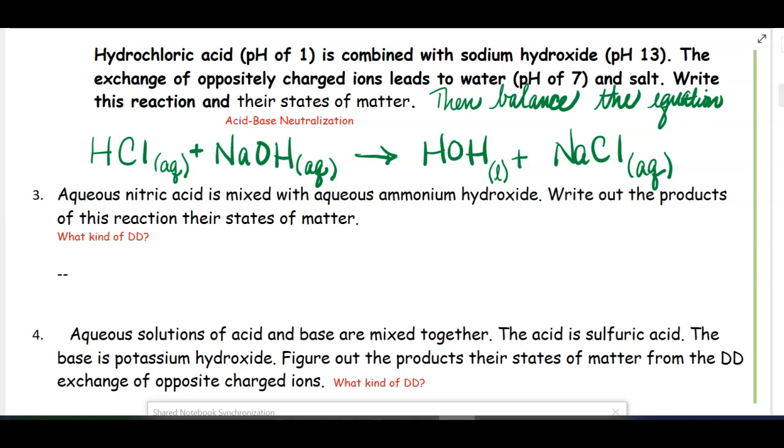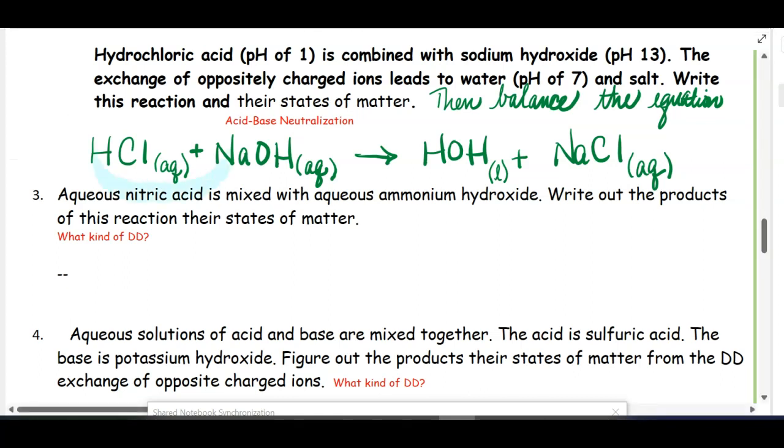Both the acid and the base are aqueous. We've only been talking about aqueous acids. Or aqueous, or aguas. And so there's an exchange of dancing partners. All right. Where hydrogen is now dancing.